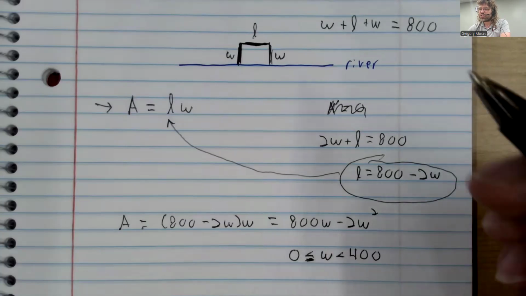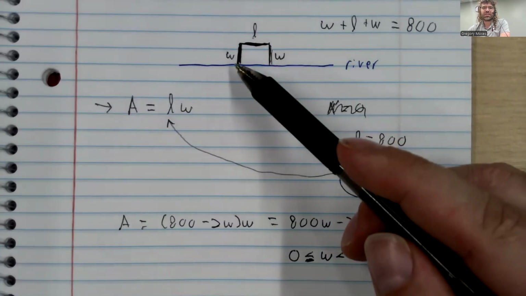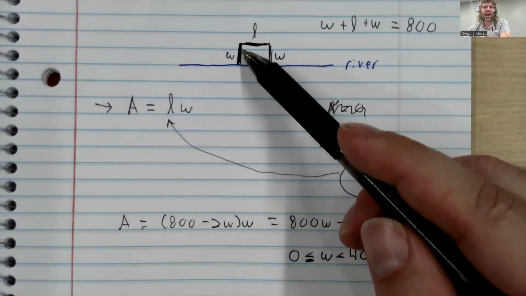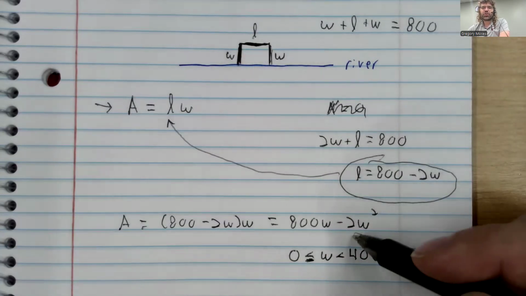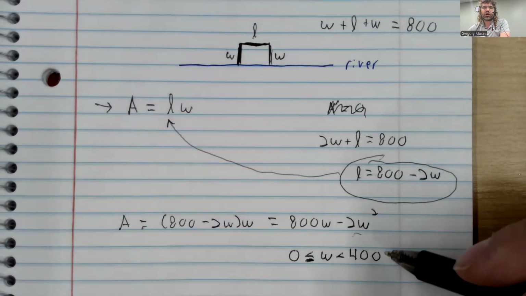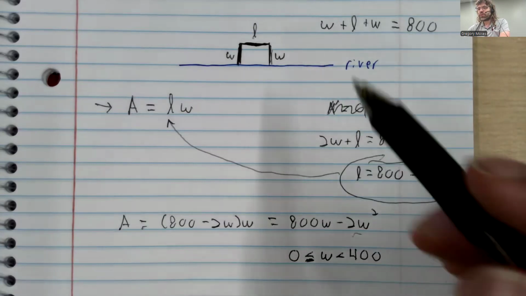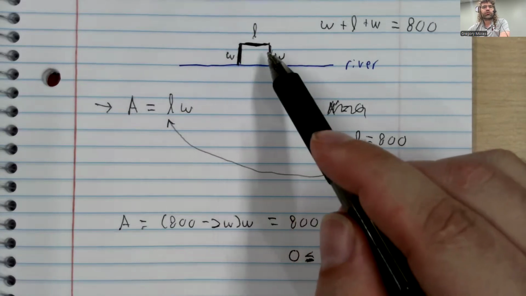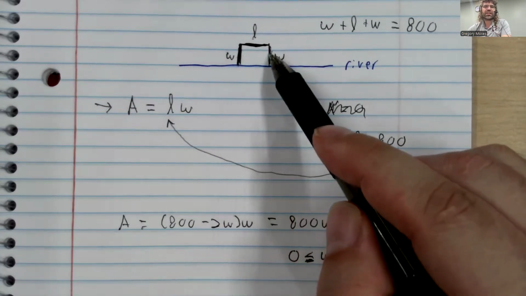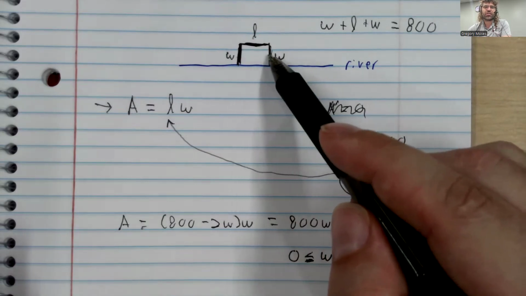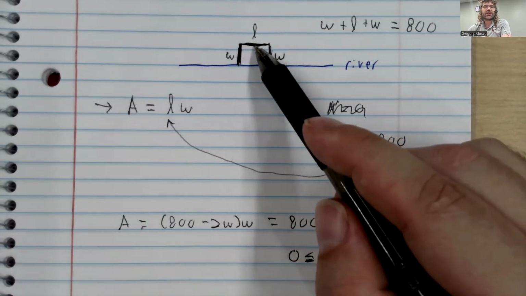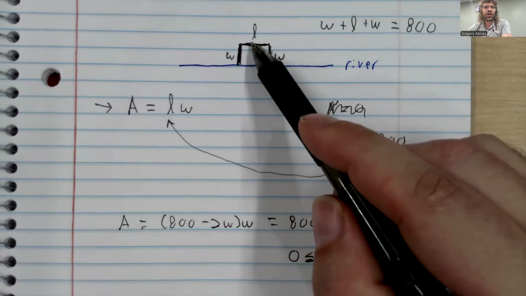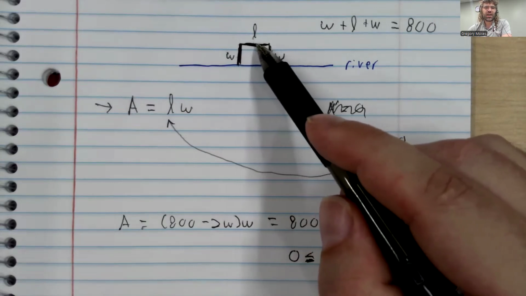In practice, W can't really be 0, or there wouldn't be sides. And W can't really be 400, because if W were 400, then you'd be using 400 plus 400 is 800 feet on the sides, and you wouldn't have any feet left for the upper side.